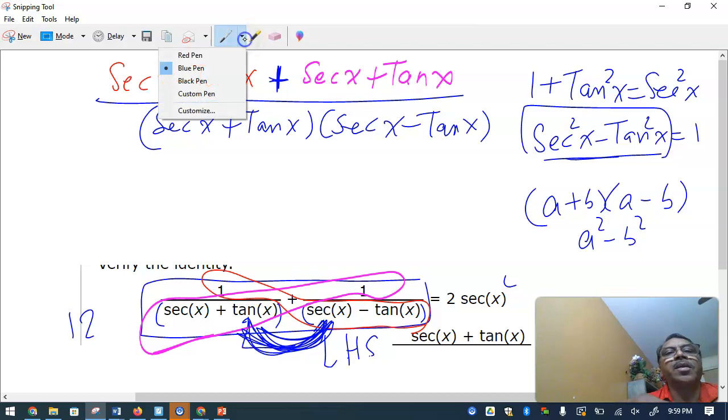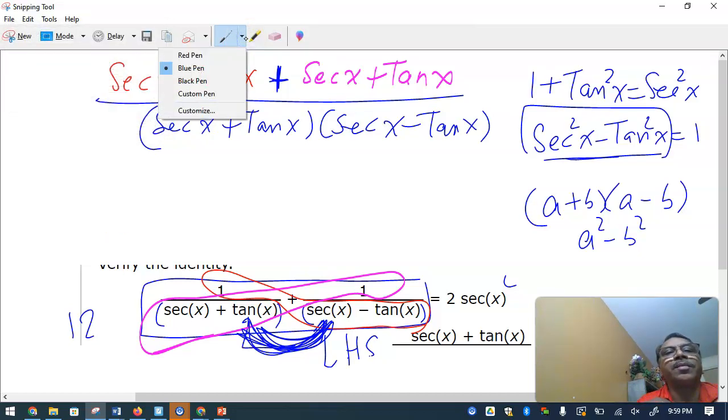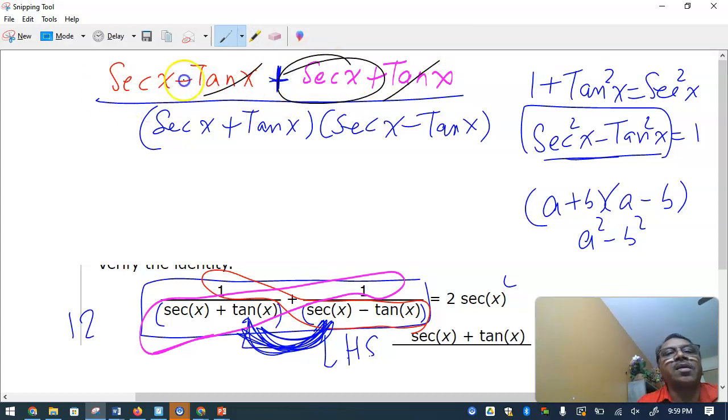And there in the numerator, you can clearly see we can cross out this tan x and this plus tan x, and there are two secants, they will combine to 2 secant x.